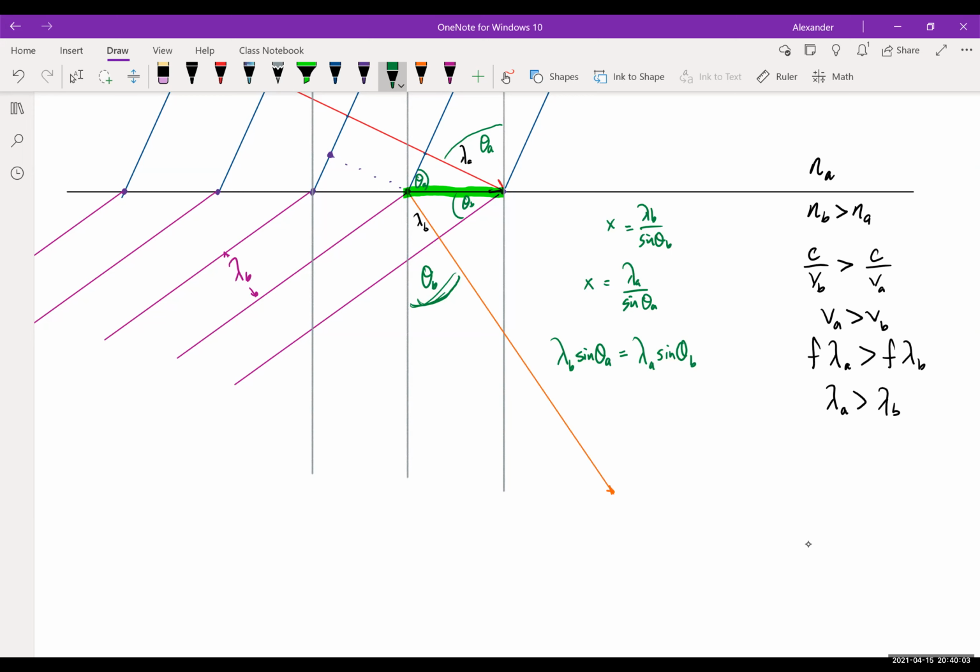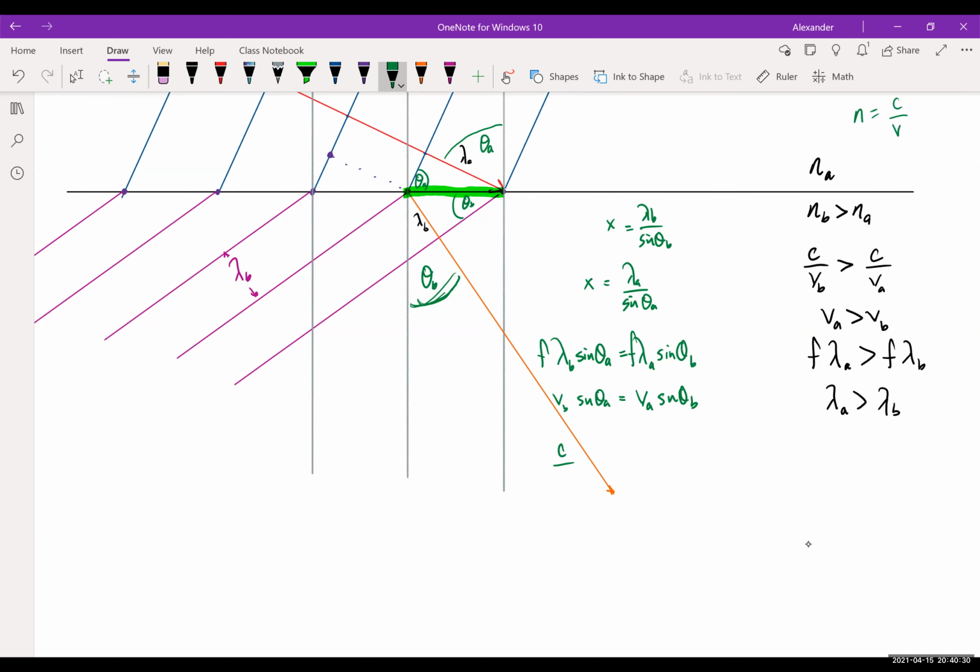If we multiply both sides of this equation by f, we can replace that with the speed in medium B and the speed in medium A. And if we look back to n equals c over v, the speed v is c over n.